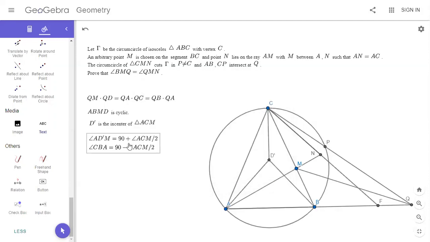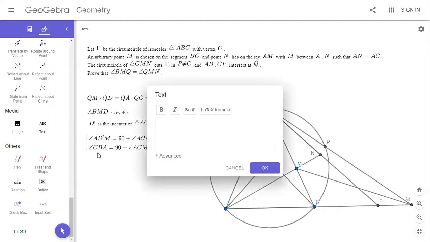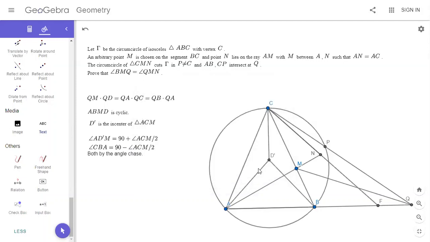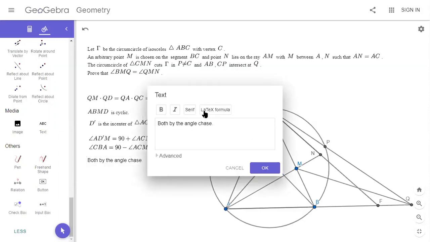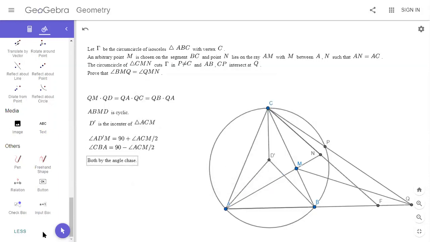Okay, so these are both fine angle chases. I'm not going to write up the whole angle chase. I'll just write this since I think it's not that hard to do. So that means that AB prime MB is cyclic.